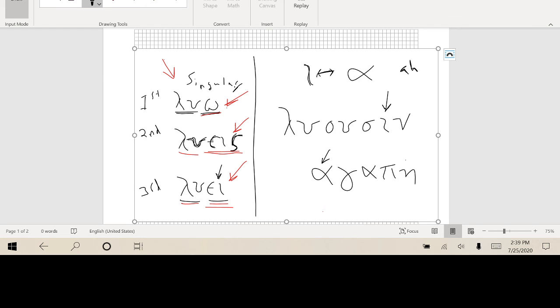It kind of mushes together. And so that movable nu slips in. So now you've got lu-usin agape, which would mean they loose, I love.